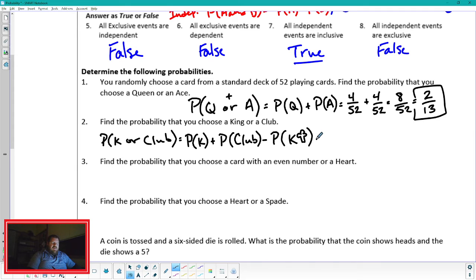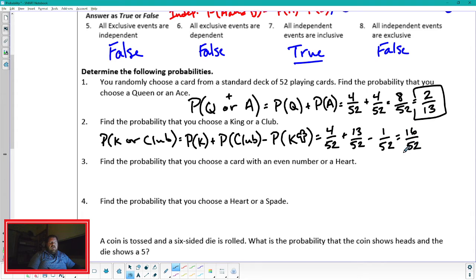Okay. So probability of a king, there's still 4 of them. Probability of a club, that's all the ranks of clubs. So that would be 13 out of 52. And we're going to take away the 1 out of 52 that is the king of clubs. So 4 plus 13 is 17, minus 1 is 16 out of 52.